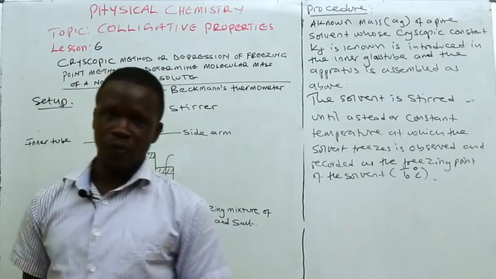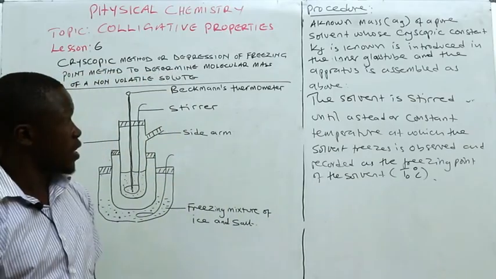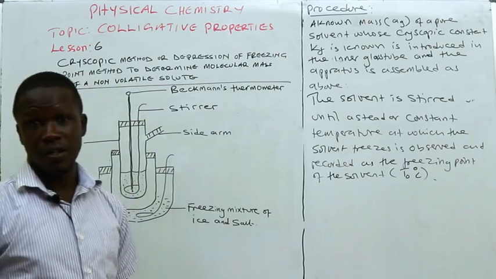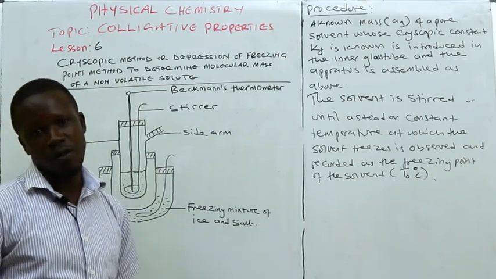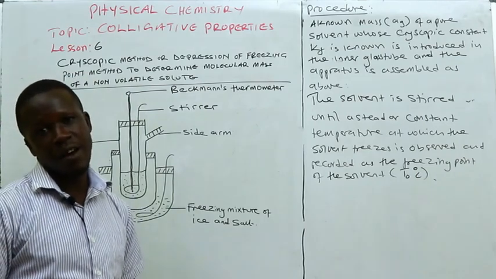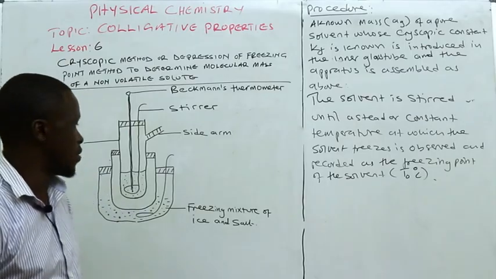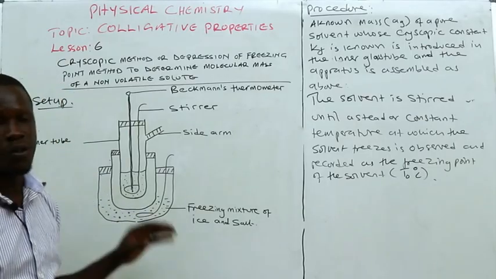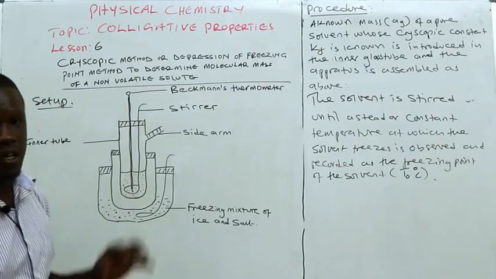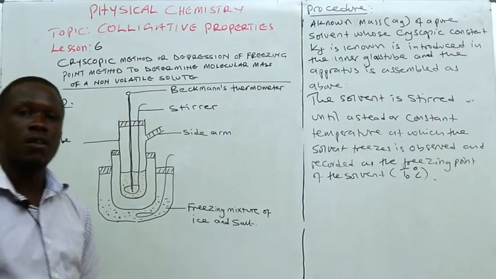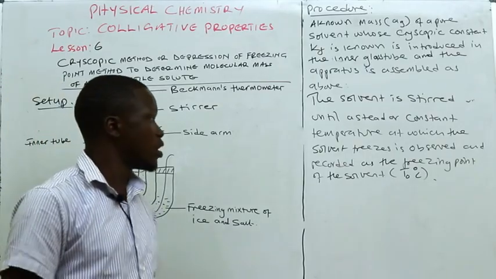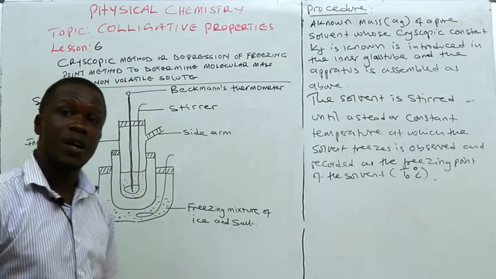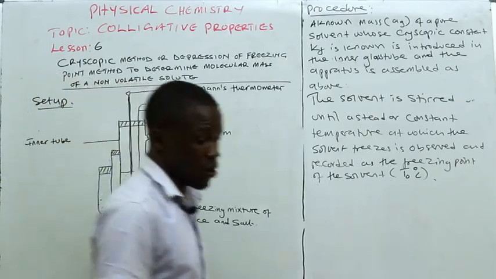And then, of course, now it has been frozen. If it's water, it will be in ice form. If it is any other solvent, it will be in solid state. So what do we do? We are going to remove the inner glass tube, warm it gently to melt the solid, and then place it back in the apparatus.